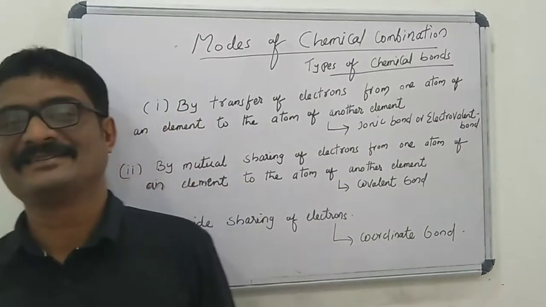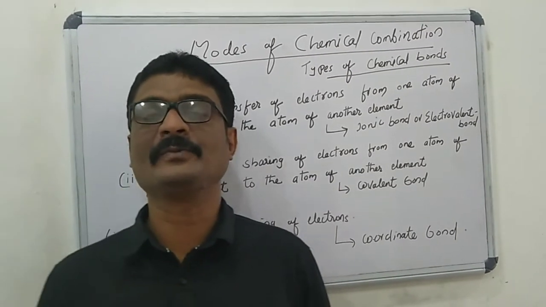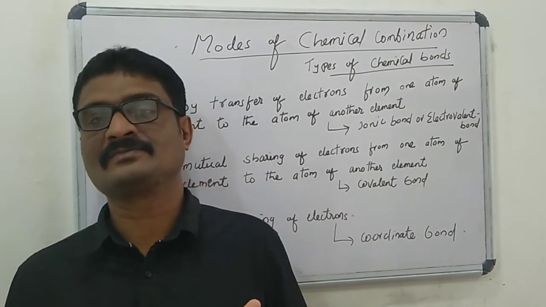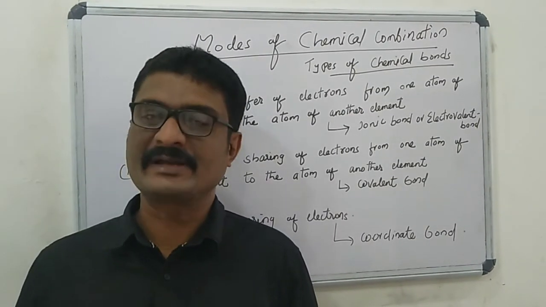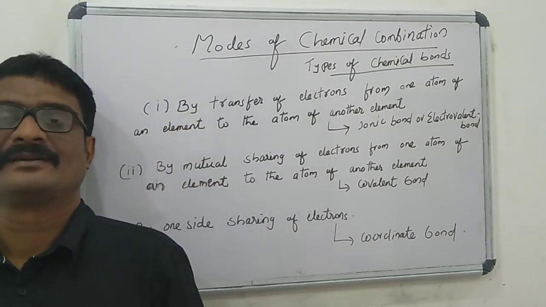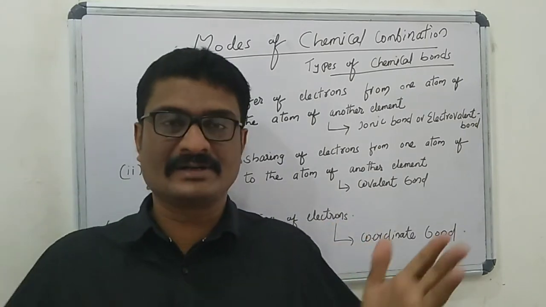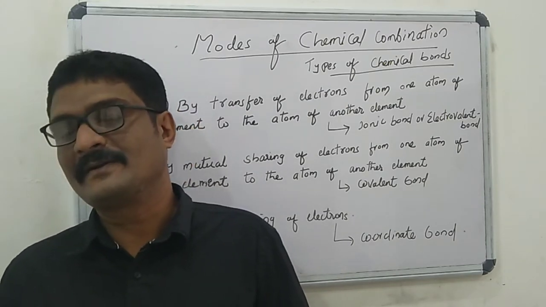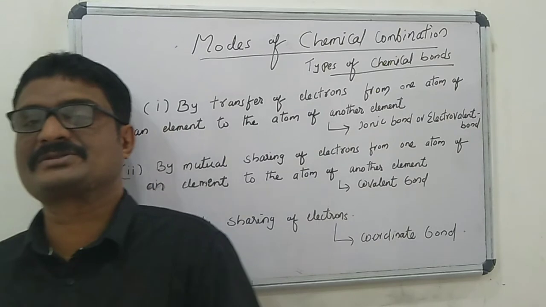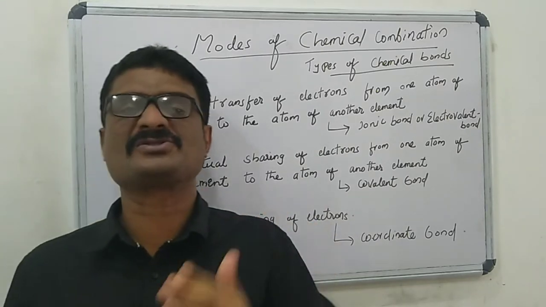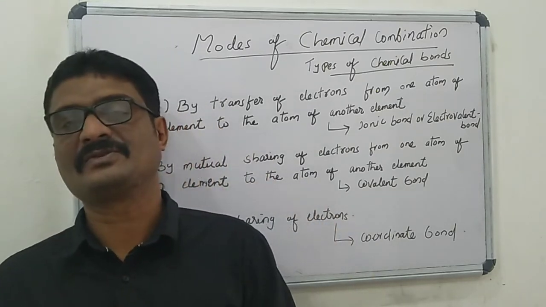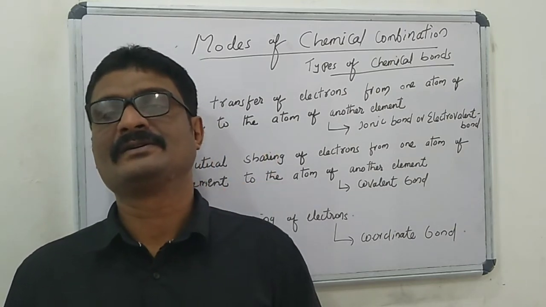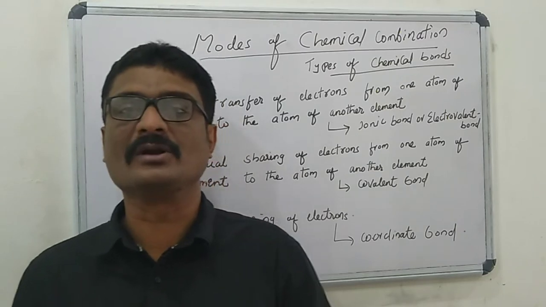Hello students, in my last video we learned the concept of chemical bonding, the Lewis approach to chemical bonding. On the basis of that Lewis approach, we studied the concept of the octet rule.